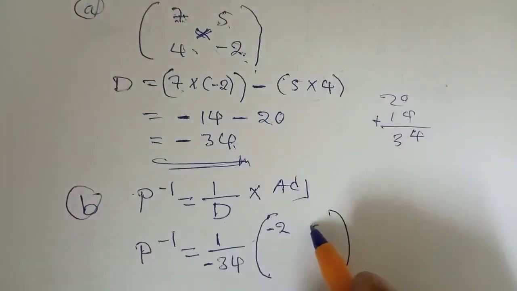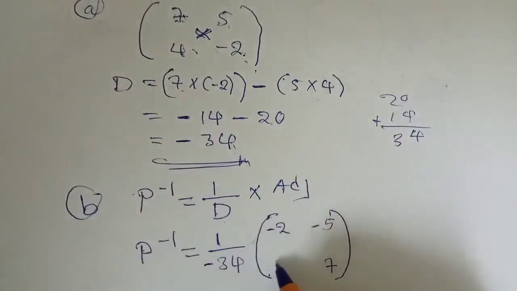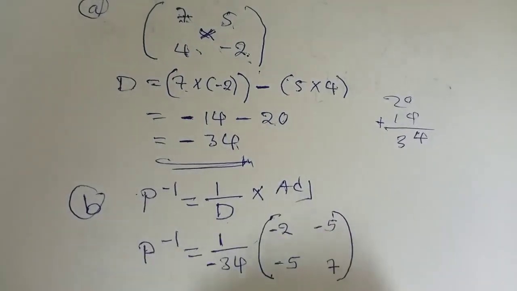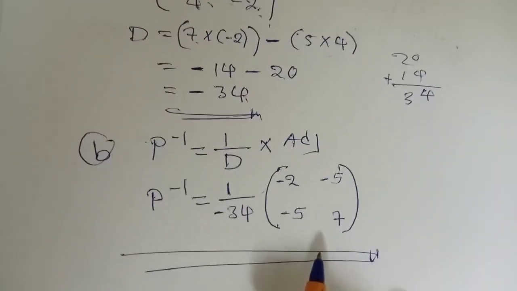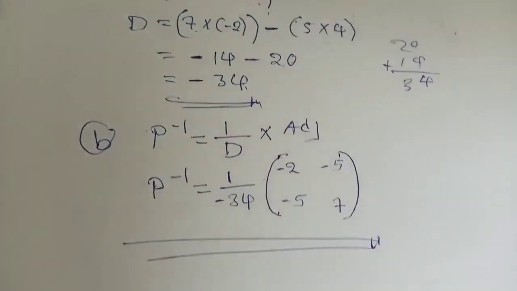So it becomes -5, and the same applies to this one, which becomes -4. This is the matrix of the inverse of P.